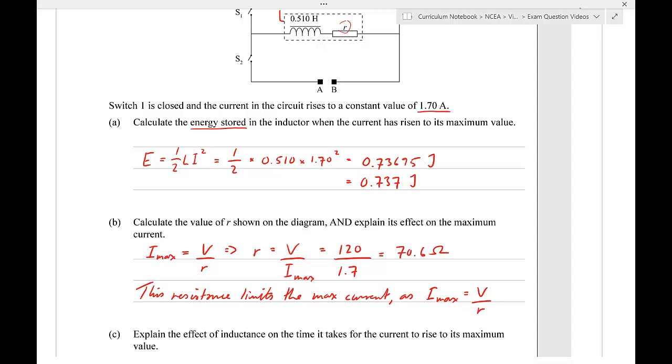Explain the effect of inductance on the time it takes for the current to rise to its maximum value.